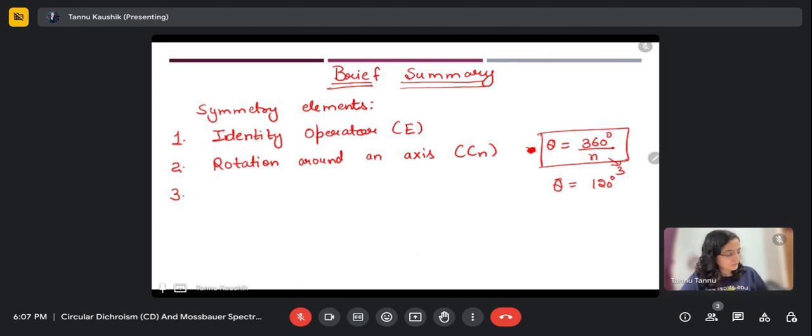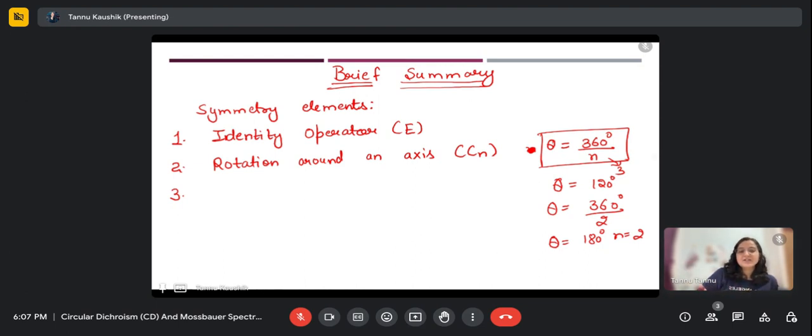Okay, so for example, if we are rotating the molecule around 180 degree angle, then this n will be 2. So for theta equal to 180 degree, we have n equal to 2. So this way we will find out what is the rotational axis present in a particular molecule.